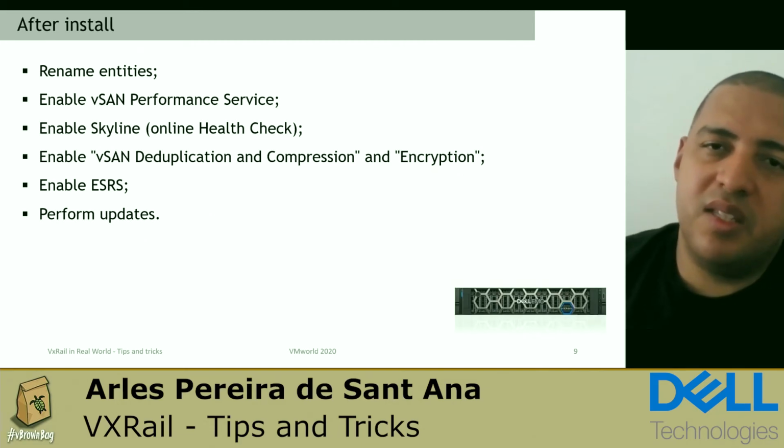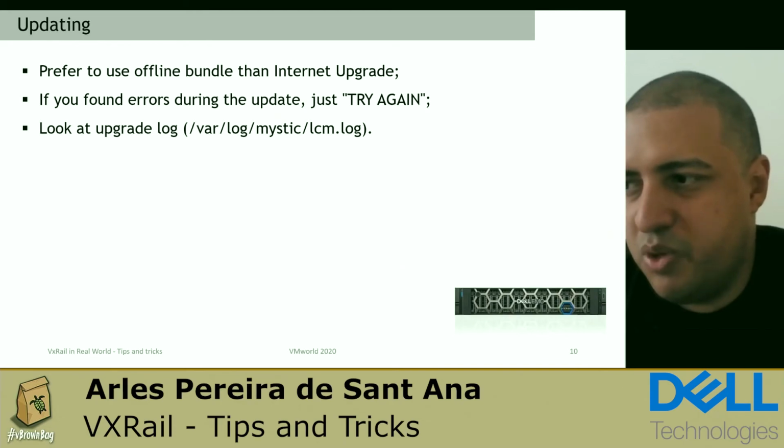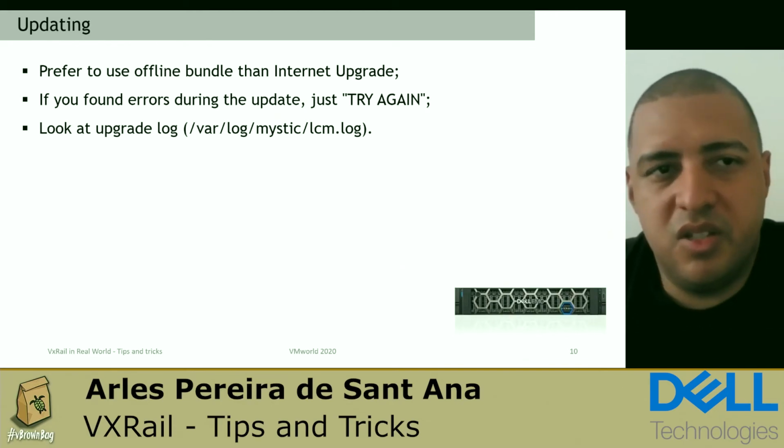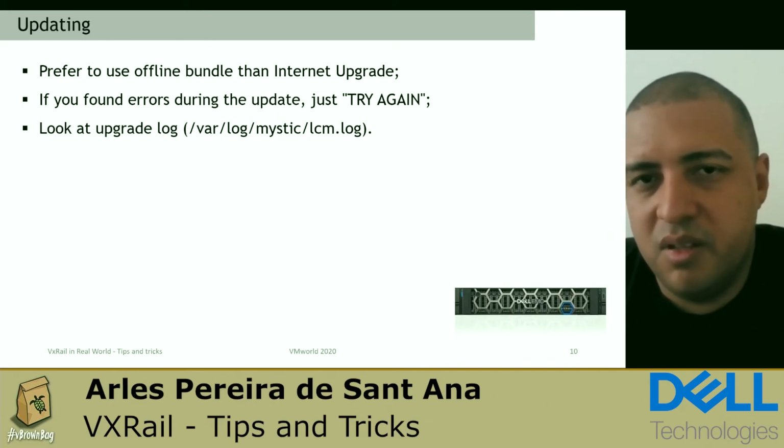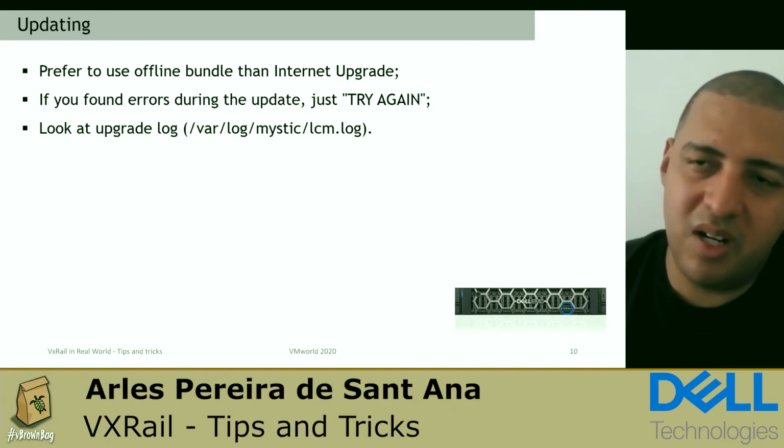When you perform updates, I prefer, from my experience with a lot of implementations, to use the offline bundle instead of internet upgrades, especially when you are deploying more than one cluster in the same organization.